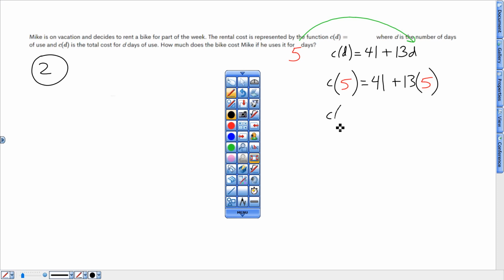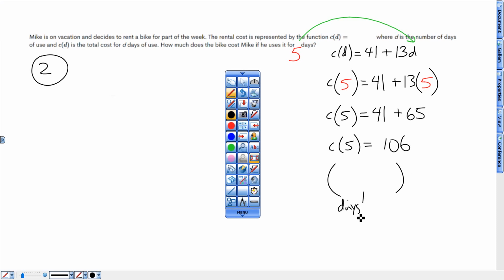That shows me after 5 days the cost is 41 plus that 65 using my calculator gives me the cost after 5 days is 106. Again, what that coordinate means is the cost after 5 days, the cost is $106.